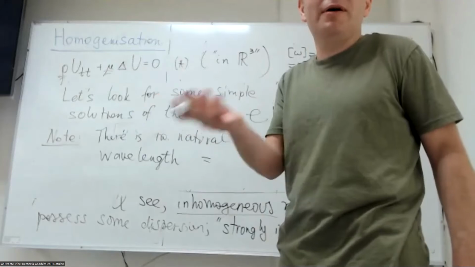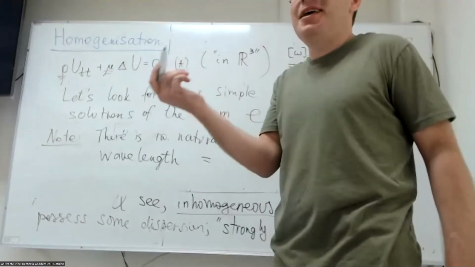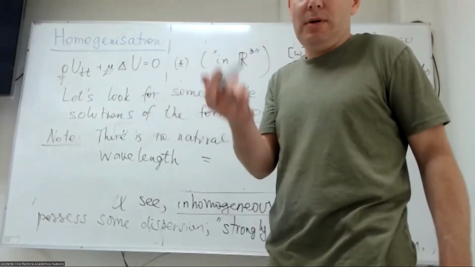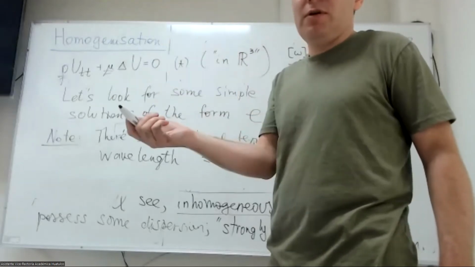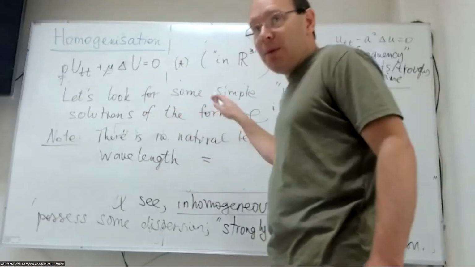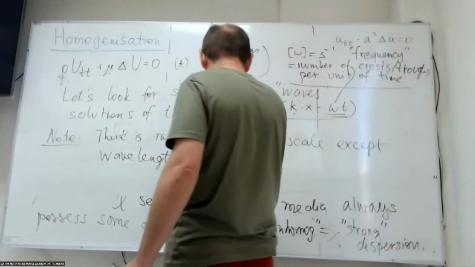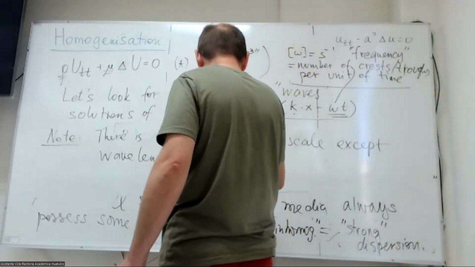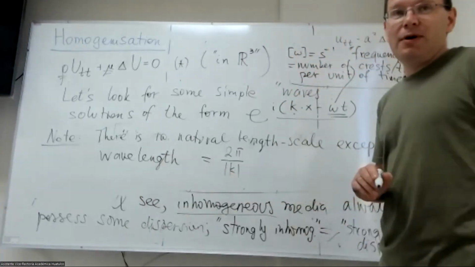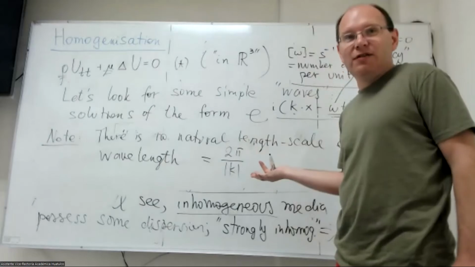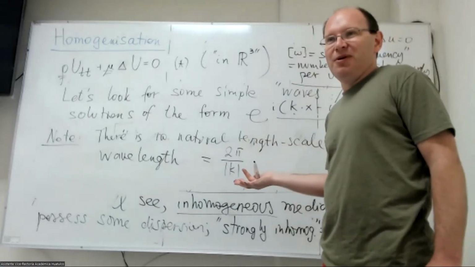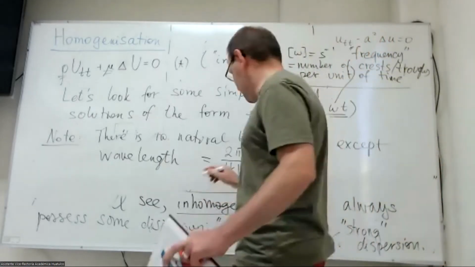What I wanted to hear is that it's the inverse of the wave number up to a constant factor. The way I'm going to define it here is 2 pi over the modulus of K. That's my definition, but it's essentially the inverse of the wave number. This is the wave number, remember?